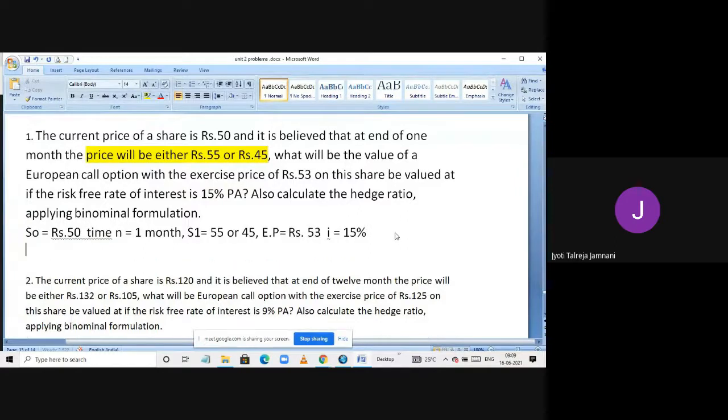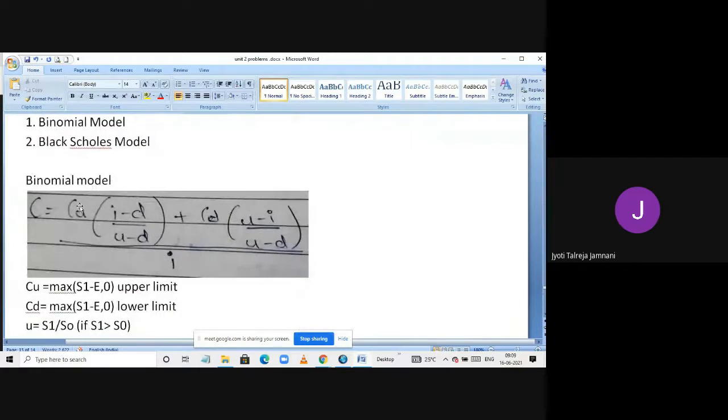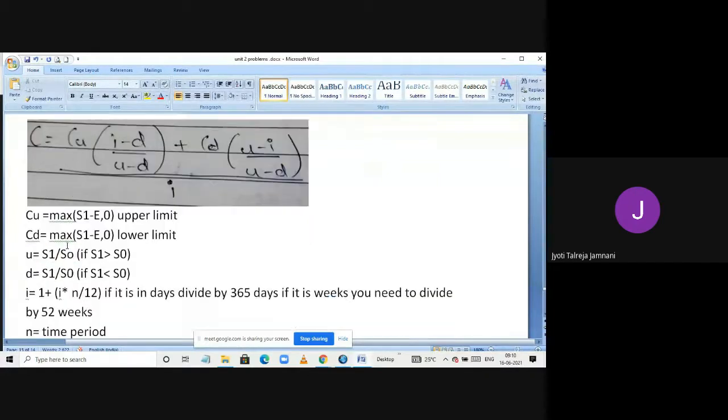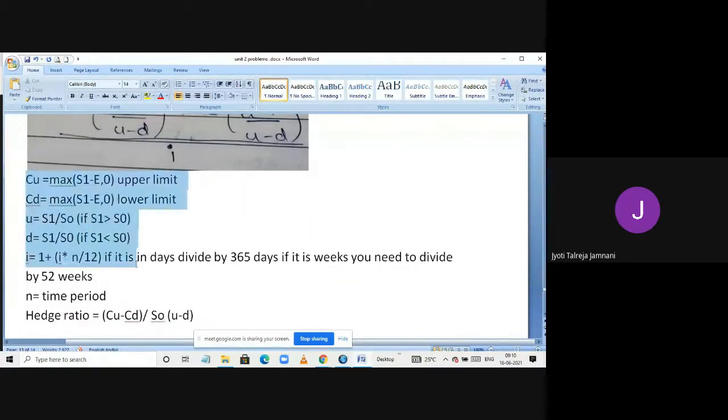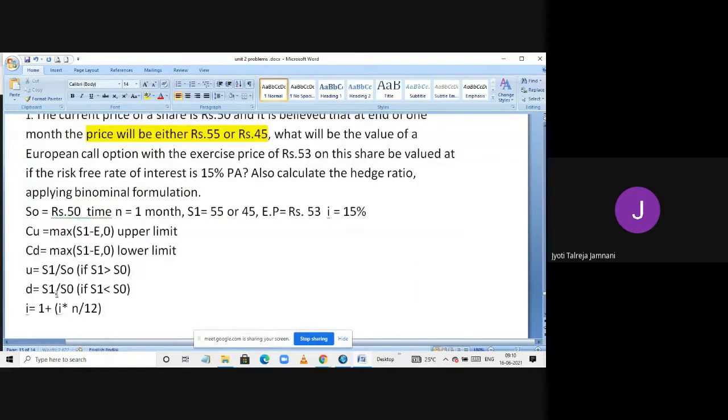Okay, now before applying the final formula, we need to find CU, I, D, and U values, right? And CD. So let's use these things and find the values. Here CU is equal to maximum of S1 minus E, or 0. Upper limit we have to take.